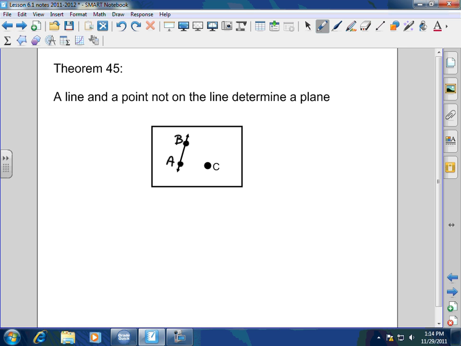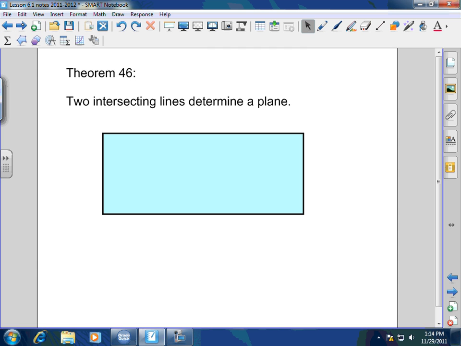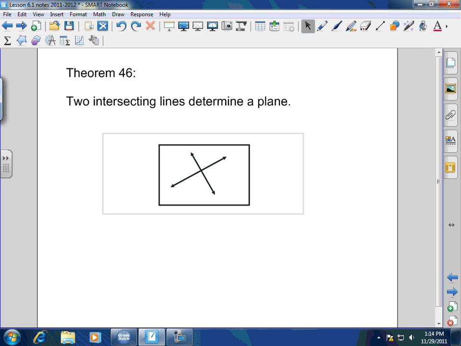So if you have 3 points that are non-collinear, they will determine a plane. If I have a line and a point that is not on that line, they will determine a plane. If I have 2 intersecting lines, they will determine a plane.